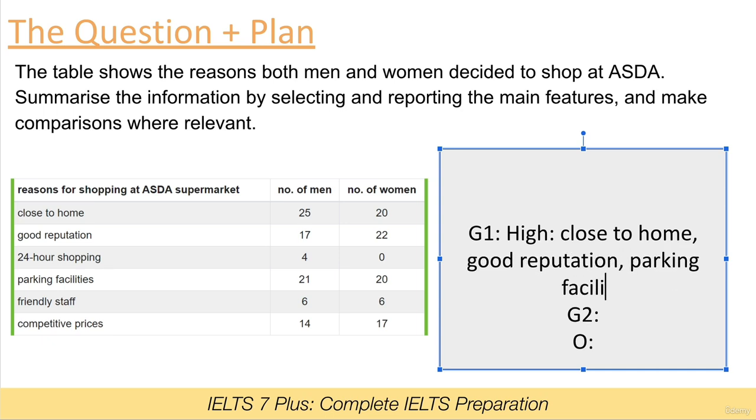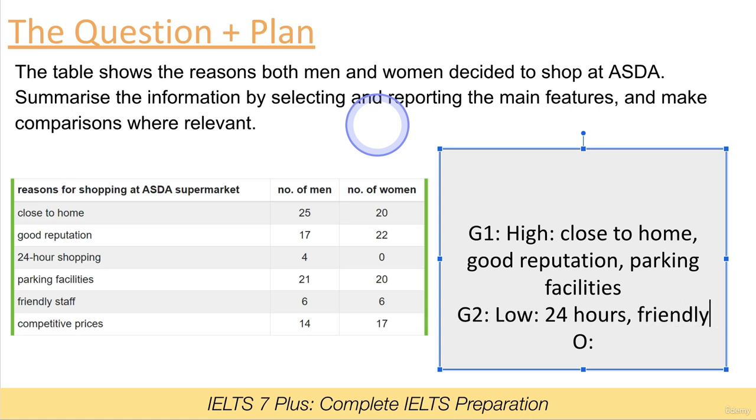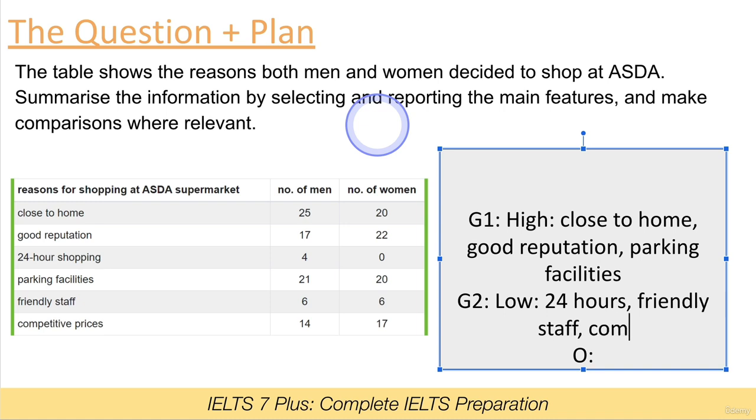Okay, and then lower numbers, we've got 24 hours. We're just noting, so you don't have to worry about making full sentences here. Friendly staff, and competitive prices. Okay, so that's how I'm going to approach these groups.